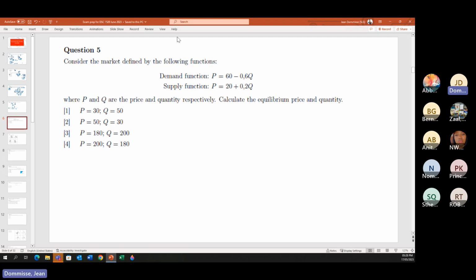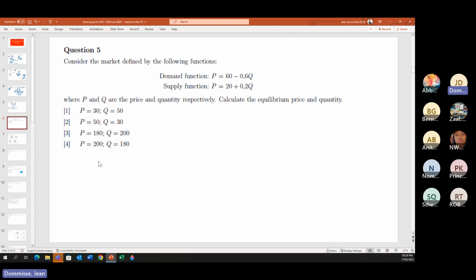You've got your demand function, you've got your supply, where P and Q are the price and quantity respectively. Calculate the equilibrium price and quantity. Okay, so if you go just quickly through the answers, 50, 50, 50, 50, 180, 200, 200, 180.